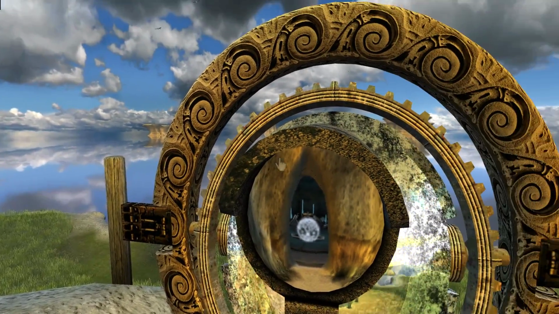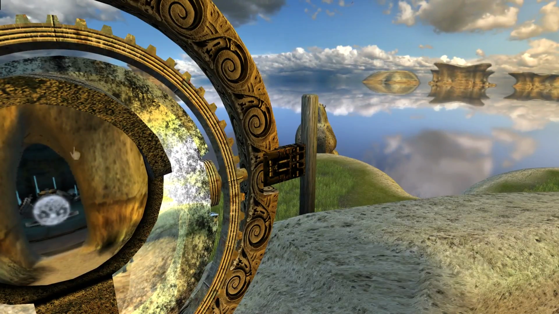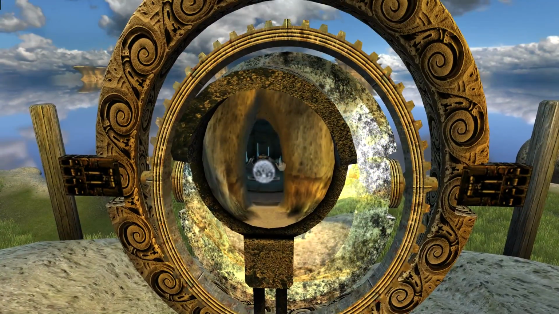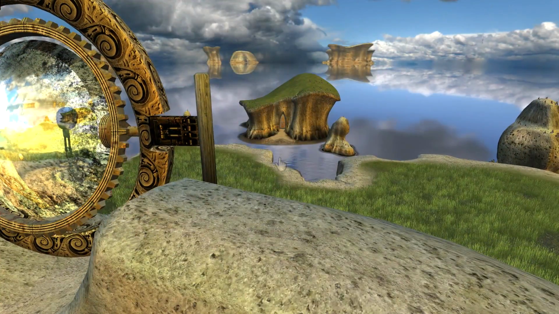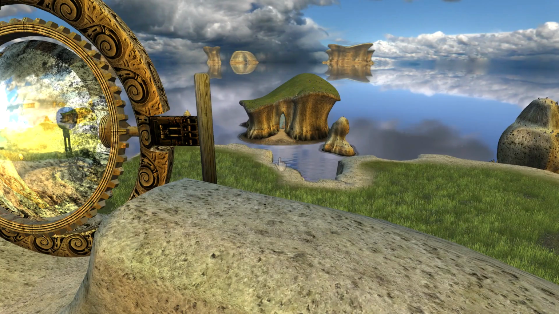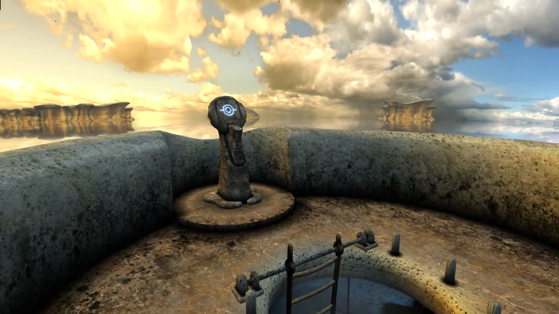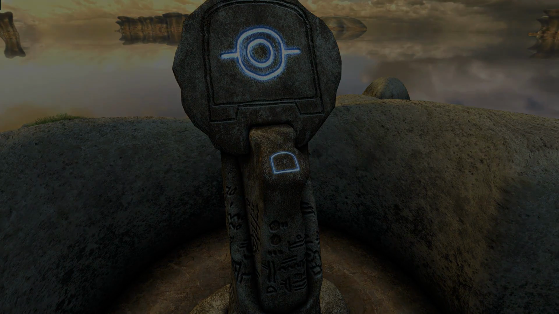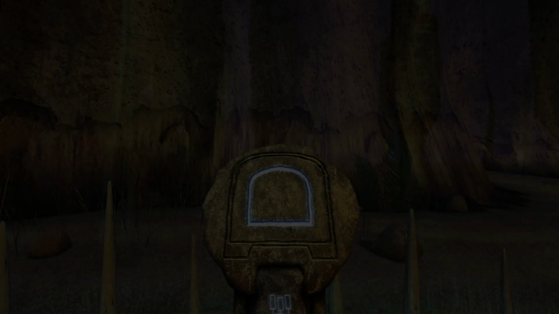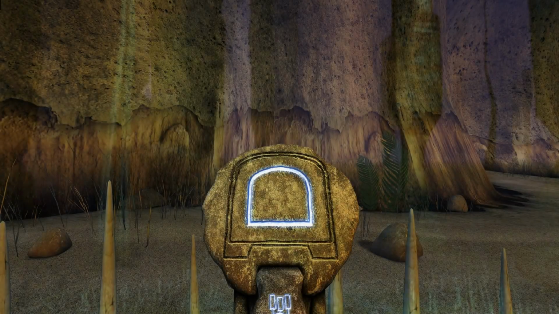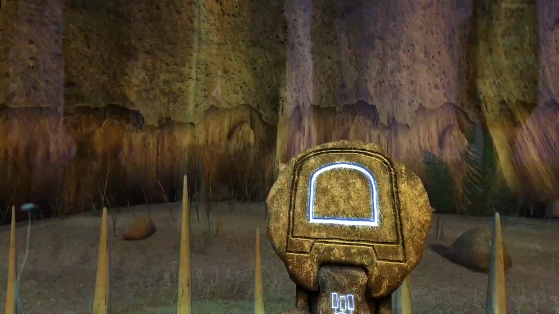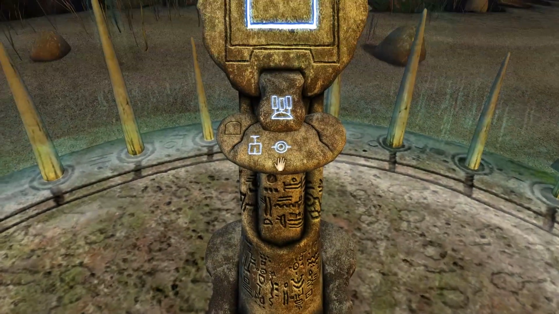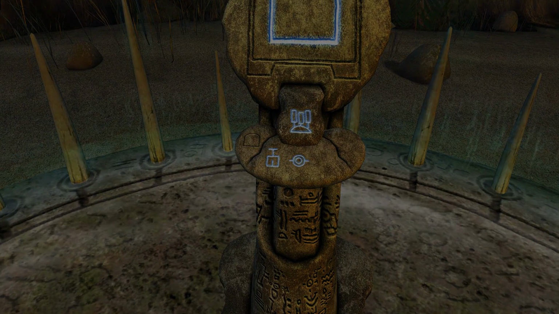Basically, as long as you stand right here, you can see through here. Let's go ahead and get the tablet. Did I leave it in there? I think I did. Yep.